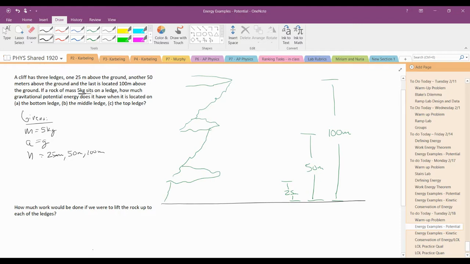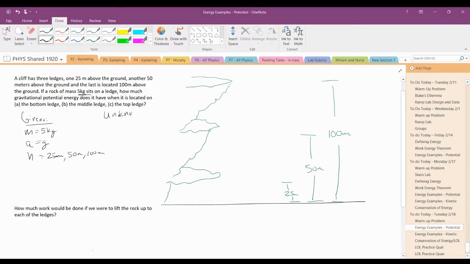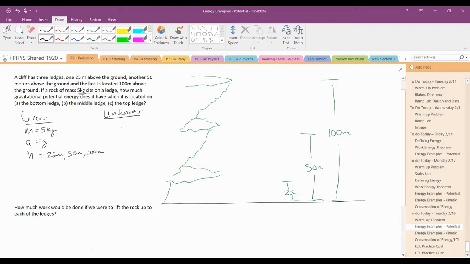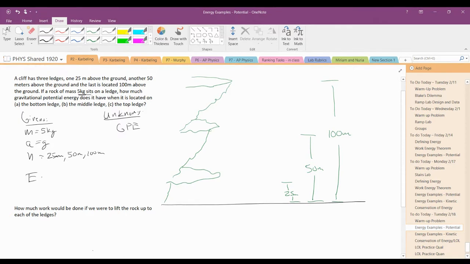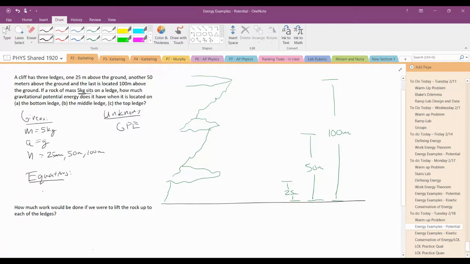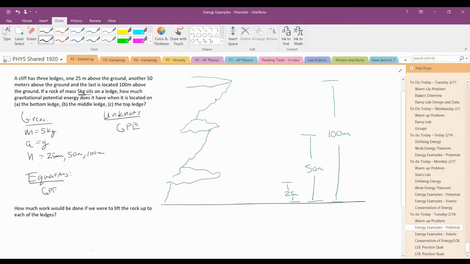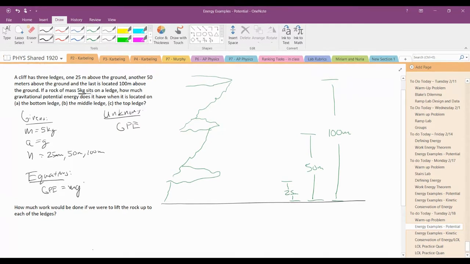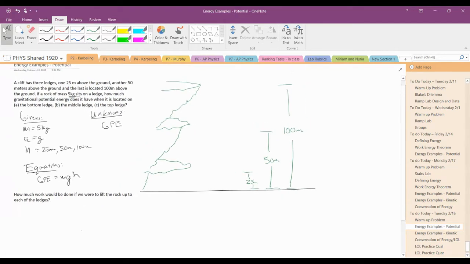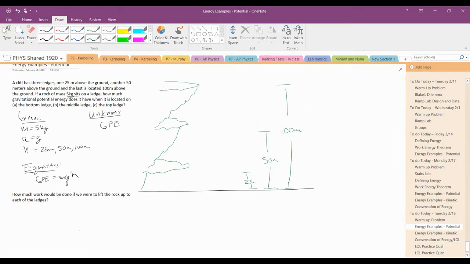Okay. So for our unknown, we have gravitational potential energy. And for our equation, we have that gravitational potential energy equals m times g times h. Okay. So this is really just a straight chug and plug problem.